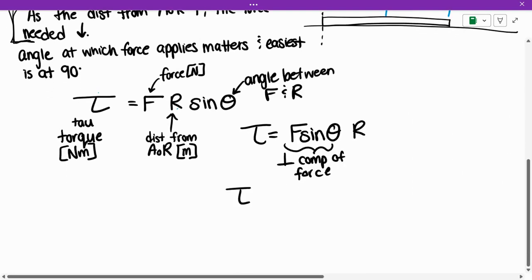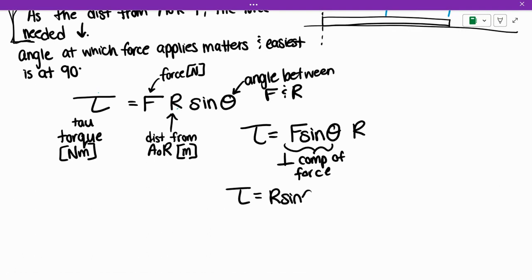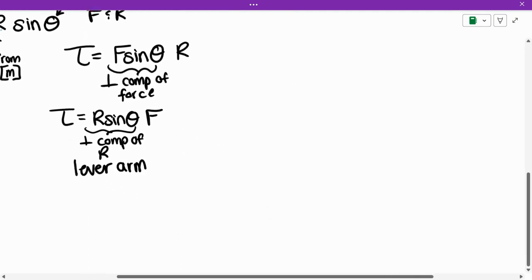Or it can be thought of as R sine theta F. This R sine theta would be the perpendicular component of the distance from the axis of rotation, and that's also called the lever arm. Now, we don't usually solve problems like this, but it does come up in the concept builder, so I wanted to talk about that.